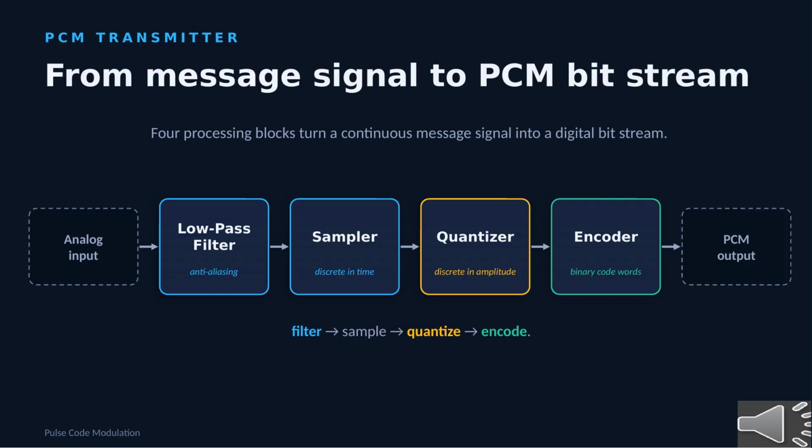The sampled output then enters the quantizer, which rounds each sample to a fixed level. Finally, the encoder converts every quantized sample into a binary code word. The output is a stream of bits, that is the PCM signal, ready for transmission. Therefore, the order of the PCM transmitter is filter, sampler, quantizer, and then encoder.